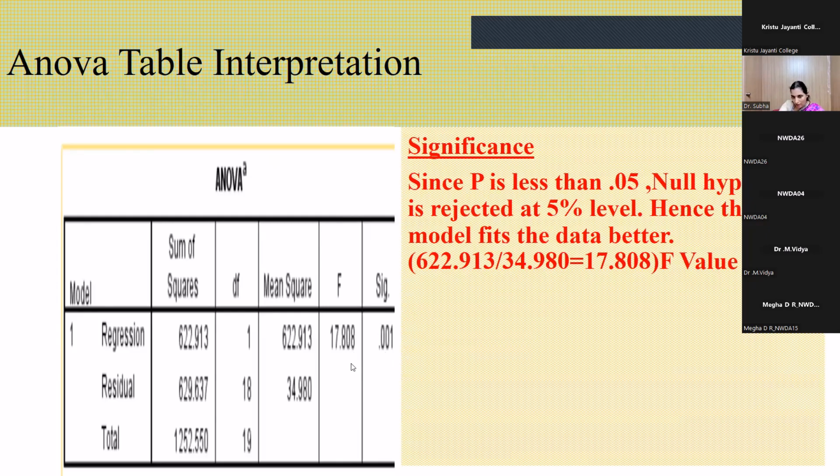If the F value is greater than 2.5, then you can say the model fits the data better. But the significance value is most important. If the p-value is less than 0.05, automatically this F value will also be greater than 2.5. This is how you should interpret. Since the p-value is less than 0.05, the null hypothesis is rejected at 5% level.